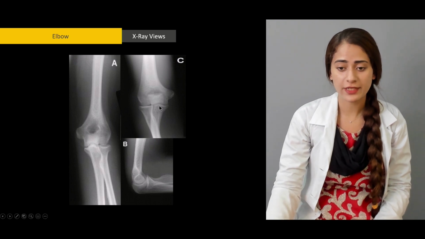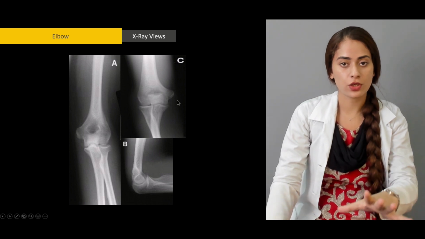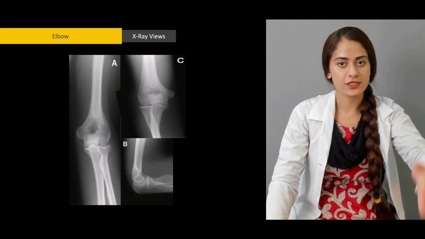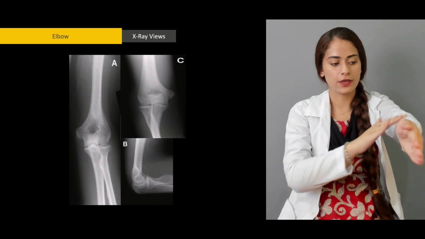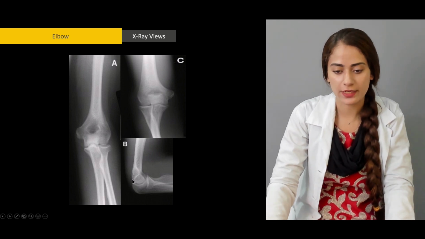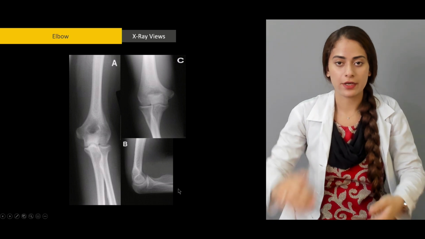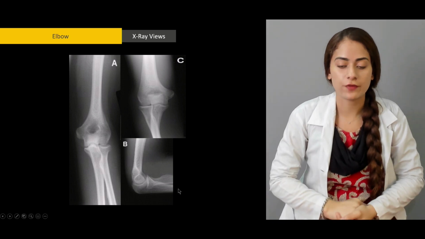So this is the oblique lateral view in which the direction of x-rays has changed, but the position of the participant's hand is the same. It's mid-prone and 90-degree flexed. Here the orientation of the arm is not perpendicular to the direction of x-rays.